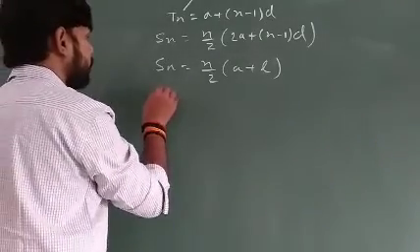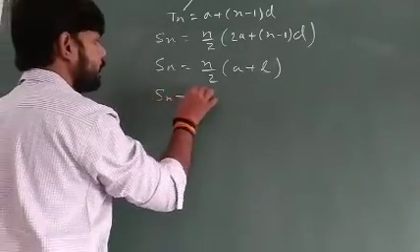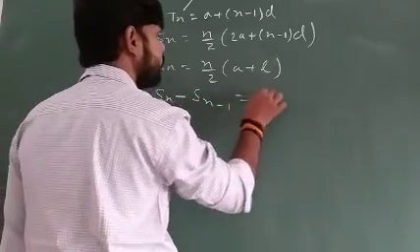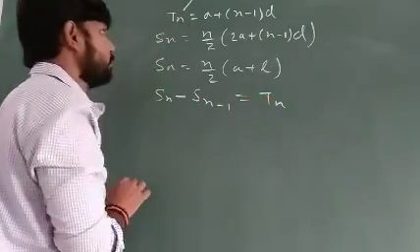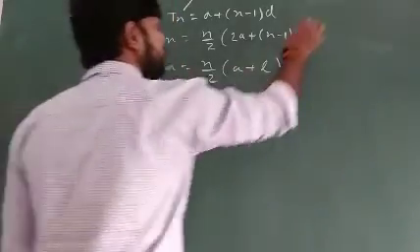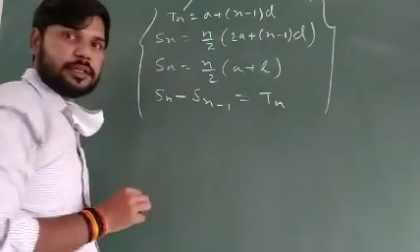Similarly, one more formula we have: Sn minus Sn minus 1 equals Tn. These all four are the formulas for the AP.